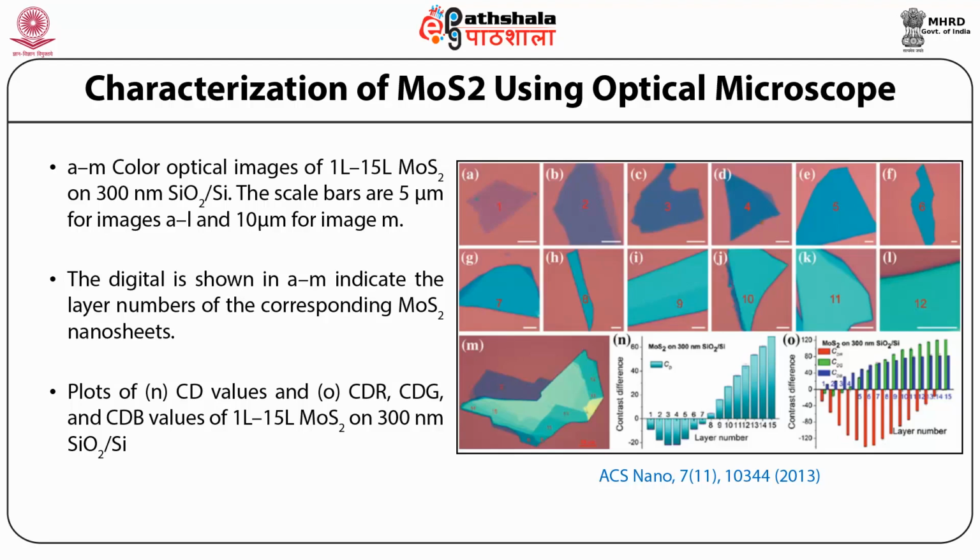In figures A to M, color optical images of 1 layer to 15 layers of MoS2 on 300 nanometer silicon dioxide silicon substrate are shown. The scale bars are 5 micrometer for images 1 to L and 10 micrometer for image M.